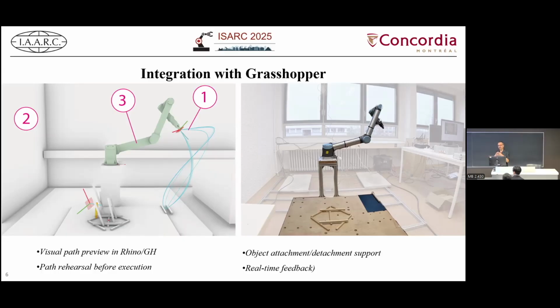Then we made a component in Grasshopper that is visualizing and helping the user, the client, to communicate with the very complex software of NVIDIA, of cuRobo, and also all the prototyping things.